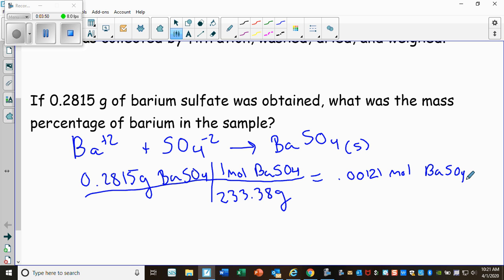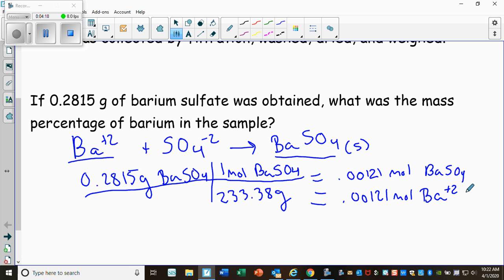The nice thing about this, if you look at the reaction at hand, you look at the precipitate, our ratio here, barium sulfate back to the barium itself, which is what we're looking for, is 1:1. So this also means within that sample there were 0.00121 moles of the barium ion there. And now we need to figure out the mass.